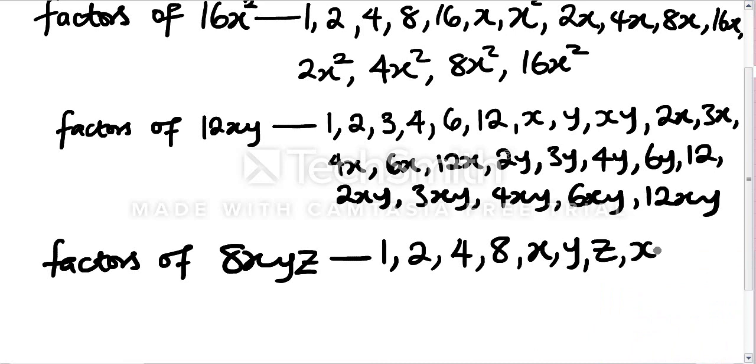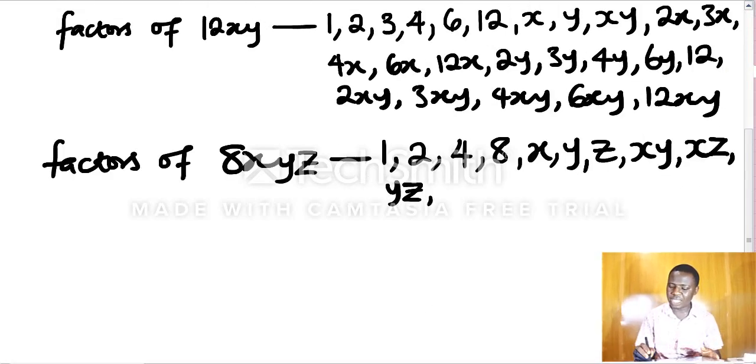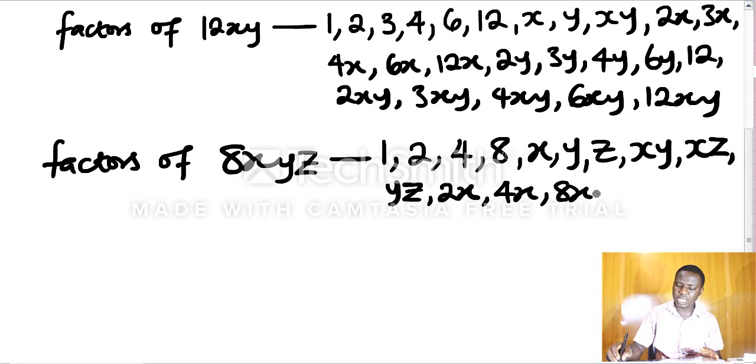We have xy, we have xz, and we have yz. Let's multiply the numbers and letters together. This becomes 2x, 4x, 8x. Also we have 2y, 4y, 8y.